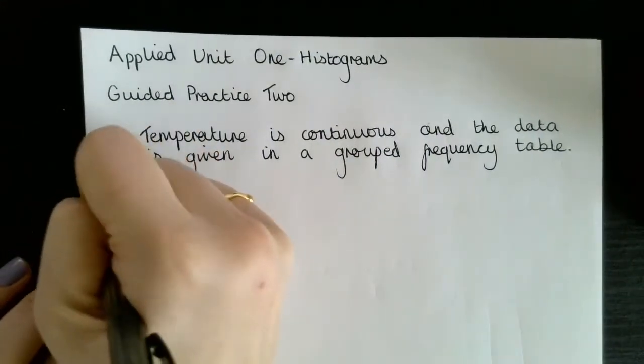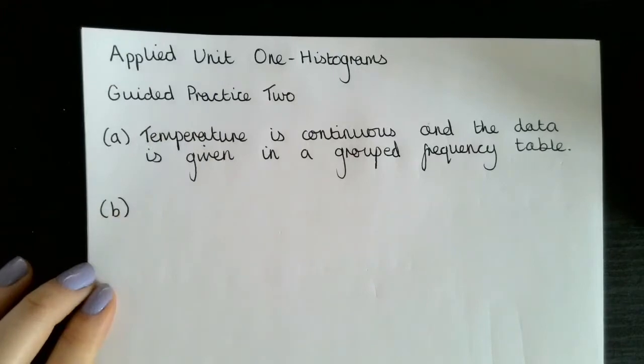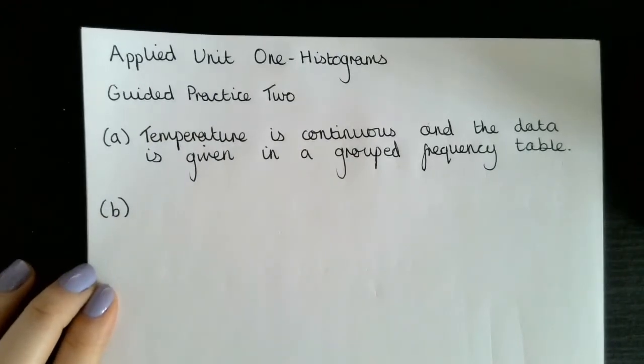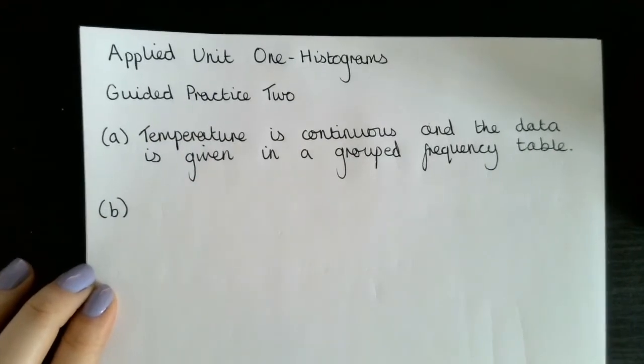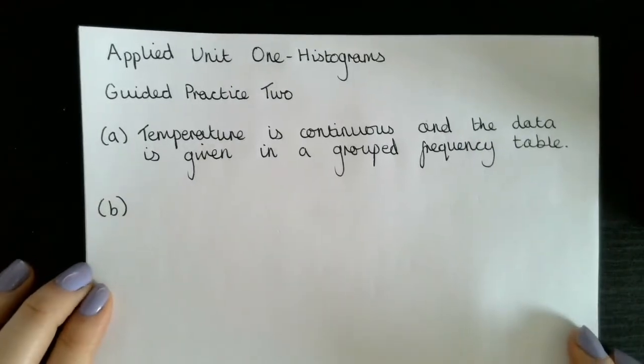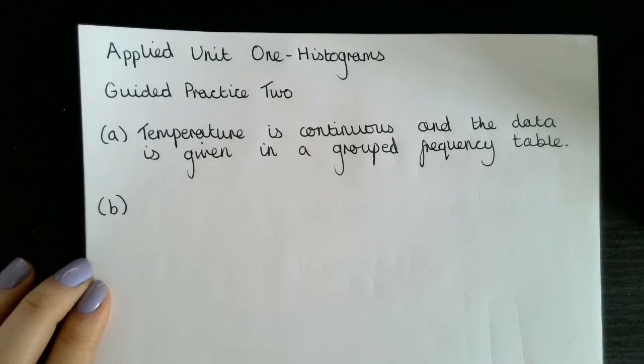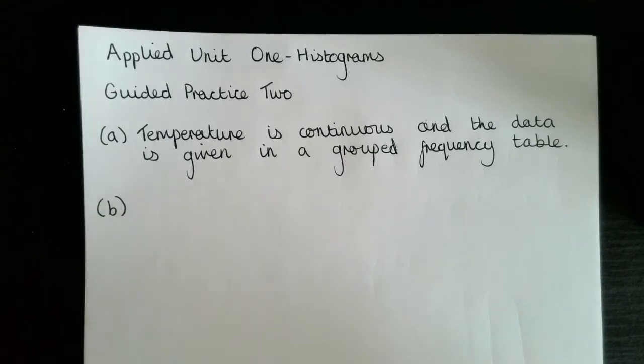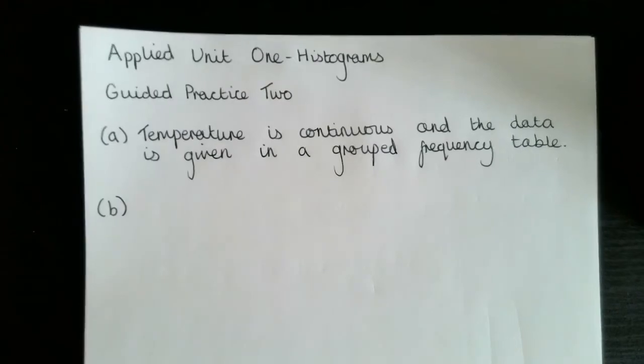Part B, it says, write down the underlying feature associated with each of the bars in a histogram. Now at GCSE, we were told that the area of each bar was equal to the frequency for that class. Now in A-level, we discovered that it's actually proportional to it, so we could have a scale factor there.